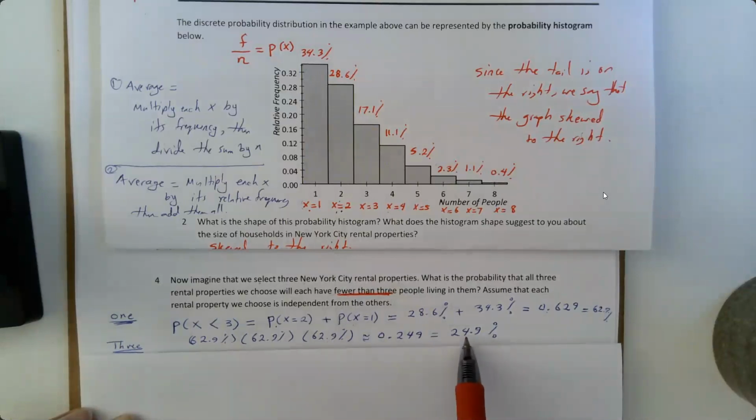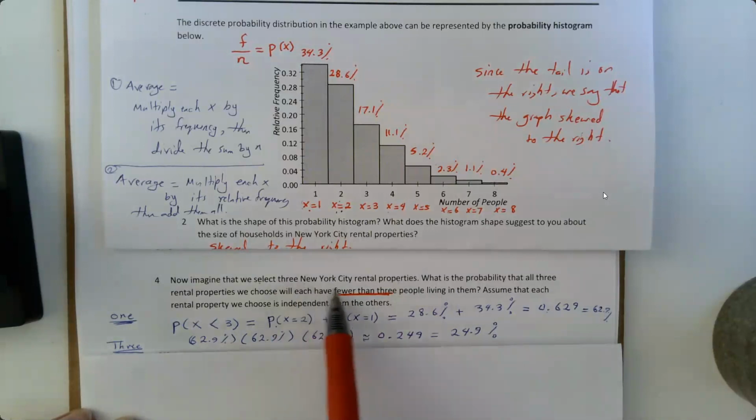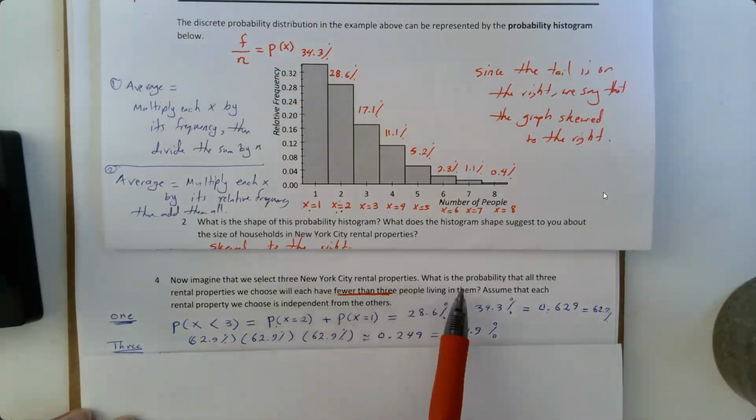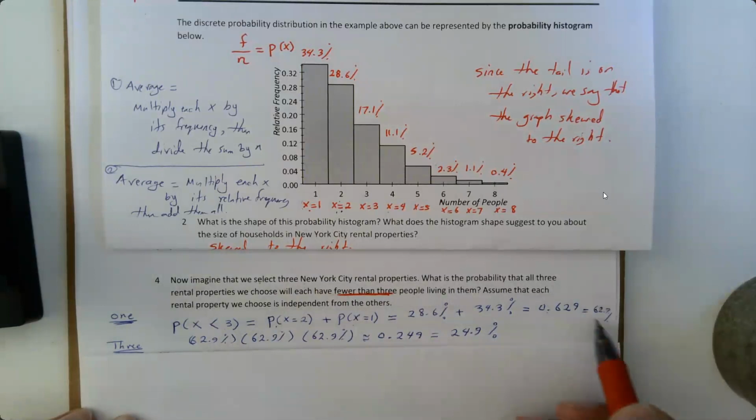I expect you to ask, if we select 4 properties, what is the probability? You're going to multiply this probability 4 times by itself.